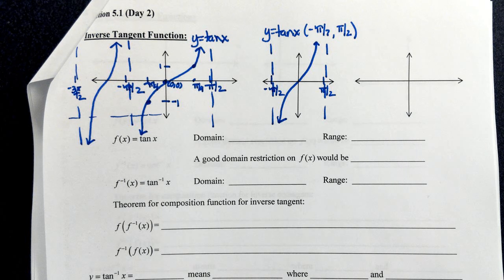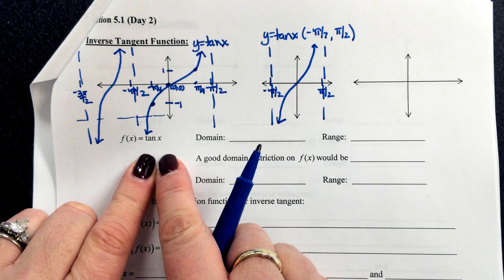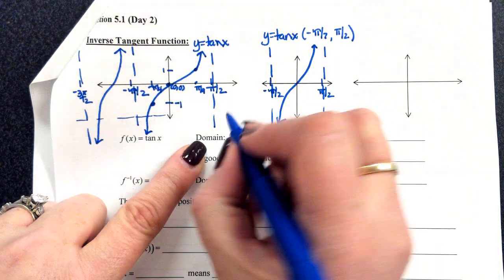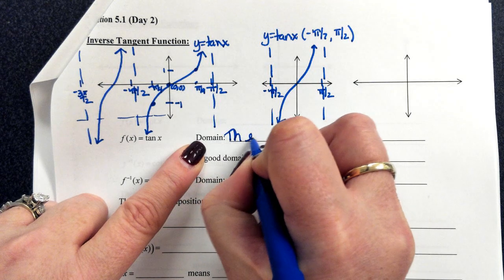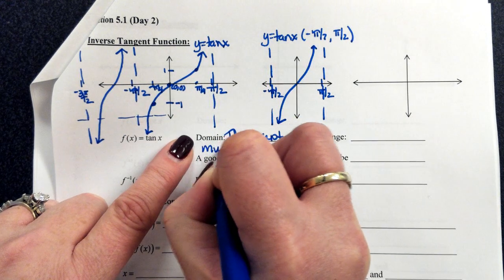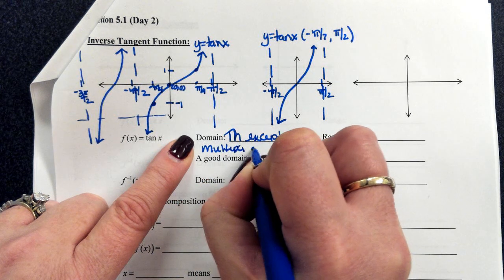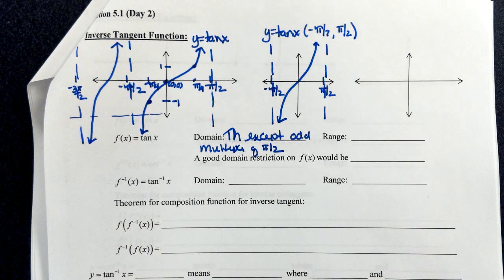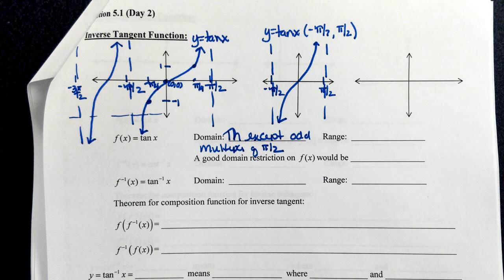So when we studied the graph of tangent of x, it had a domain of all real numbers except odd multiples of pi over 2. And when I say odd multiples of pi over 2, you're looking at pi over 2, 3 pi over 2, 5 pi over 2, 7 pi over 2.